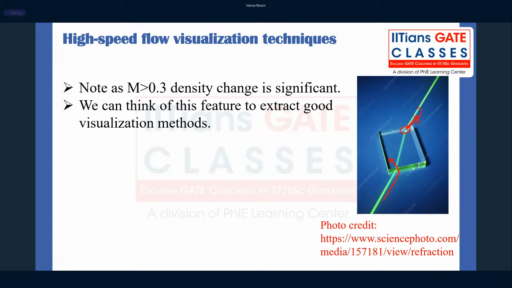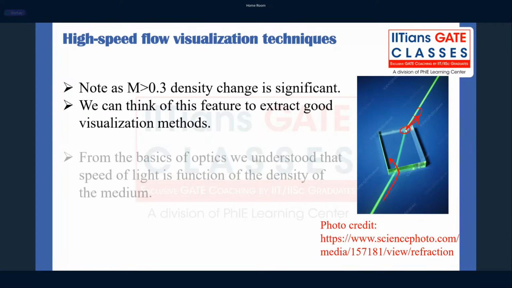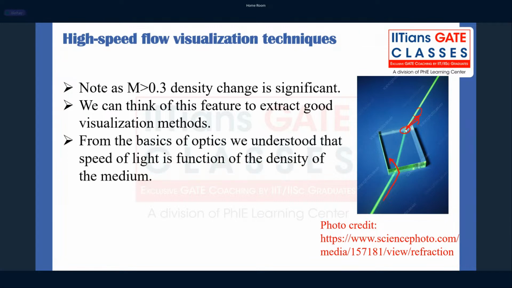Now we see what different techniques we can come up with using this basic idea of optics.